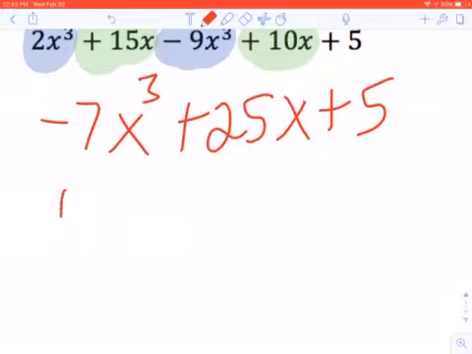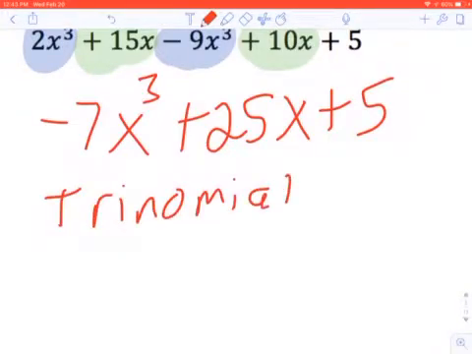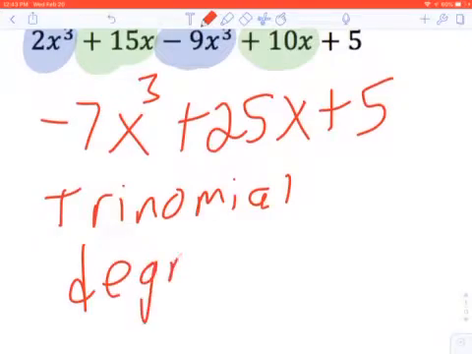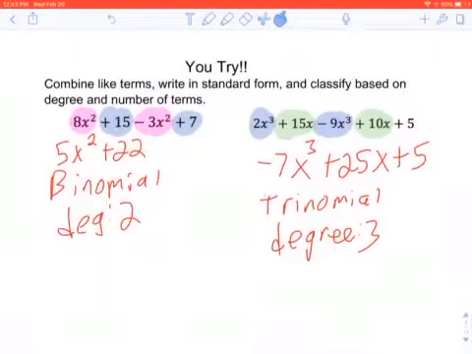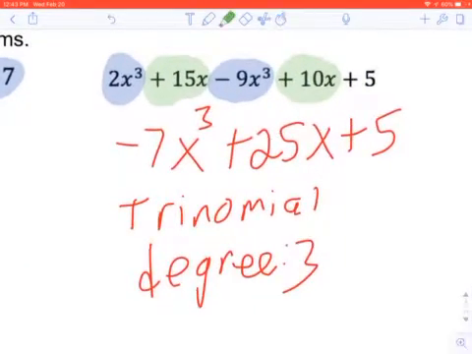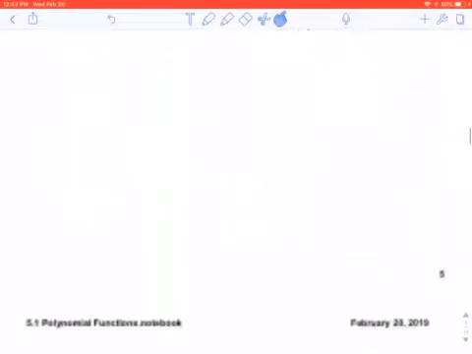That is 3 terms, so that is a trinomial, and the first term is degree 3, so this entire trinomial is degree 3. Okay. So again, we would add powers within a single term, but for a degree, you just take what is the highest power overall, and that sets the degree of the entire trinomial.